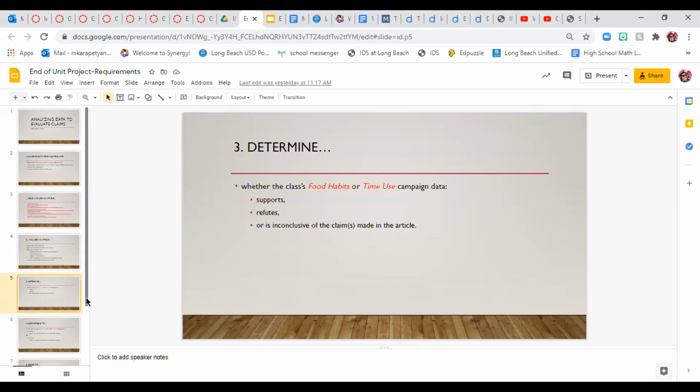So the article has its own claims and then it's going to justify it using its information. You are then going to use the food habits or the time use campaign data, and you're going to try to answer the same statistical questions that the article was trying to answer. But this time you're specifically using our collected data. Okay.